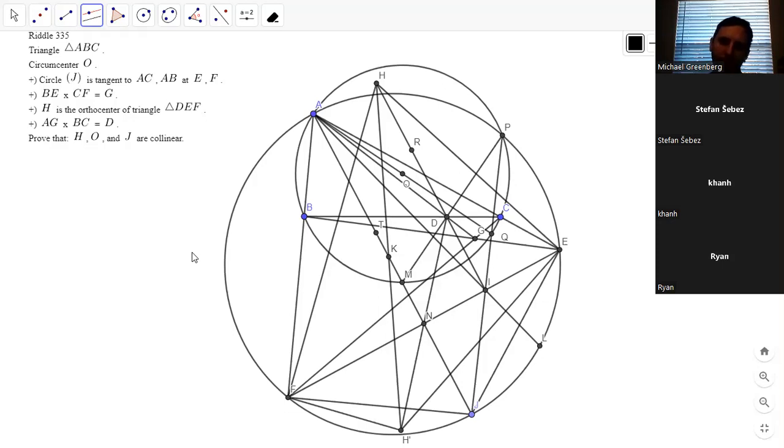That's really the key. We have to use that D is the orthocenter of HEF, and how to do that, I don't know if H prime is a good way to do it, or if there's a better way.